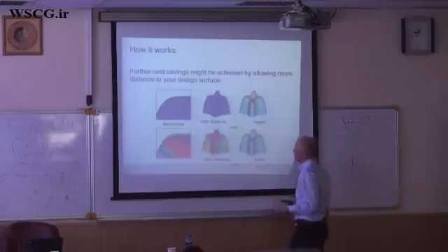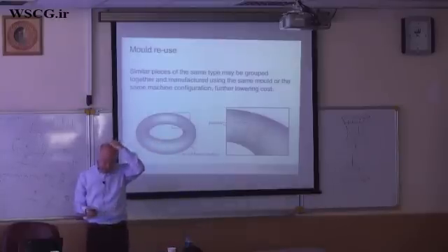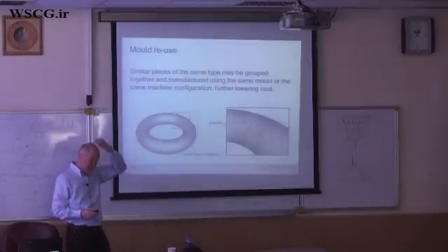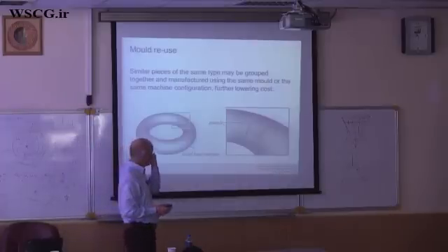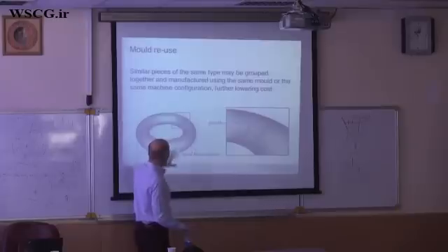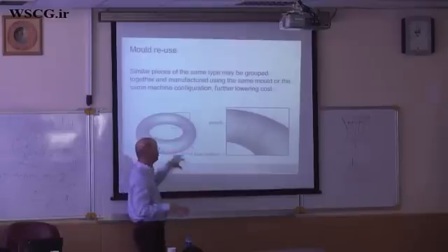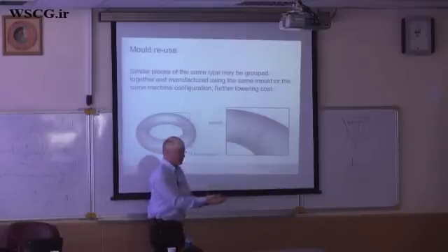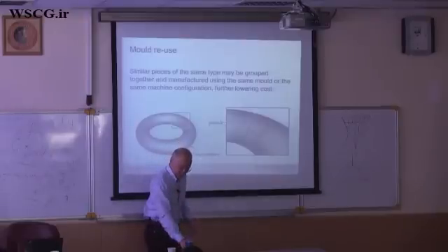And then, this is more interesting, we were thinking here about mold reuse. This means the following. I have a mold, let's assume that I have to produce a rotational torus patch. And then I produce a mold to manufacture this patch.